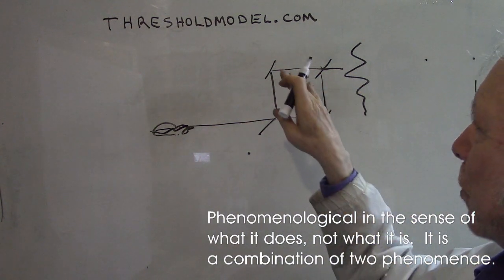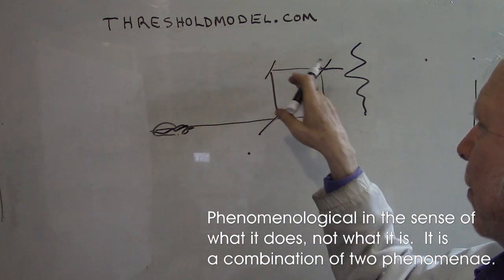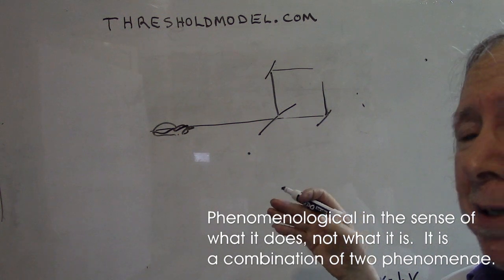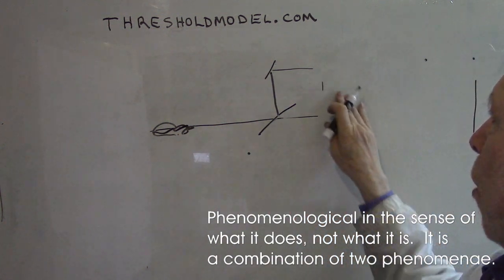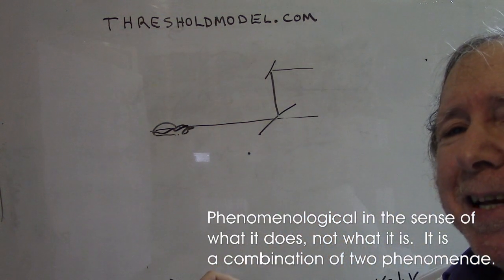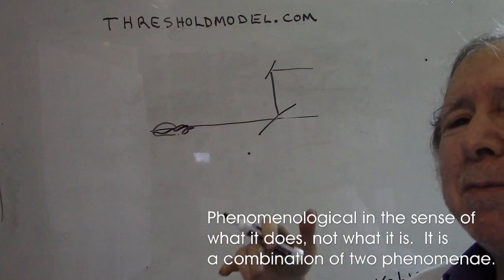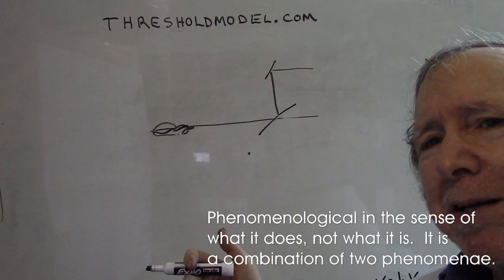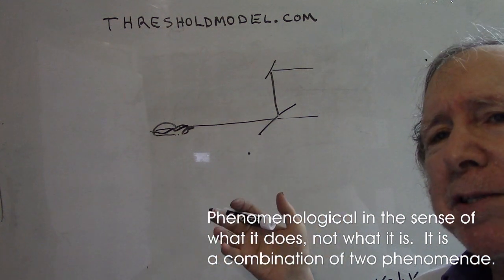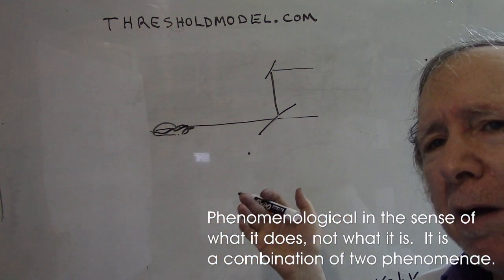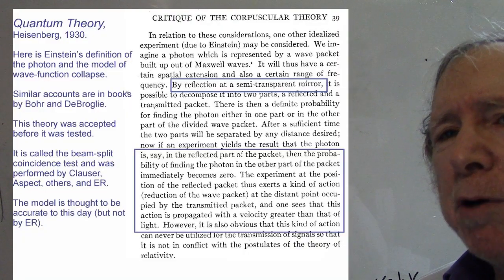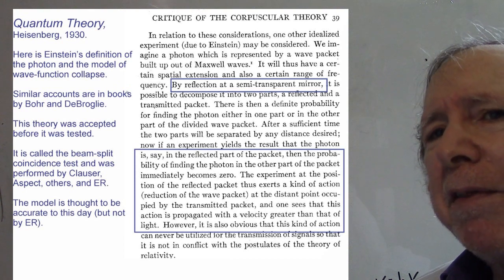But if you look for just a short time, you will see only one way or the other. And there's no way to understand in terms of space and time how that could be. That is what quantum mechanics is about. It's about this phenomenological model of what the photon should be. Heisenberg and de Broglie wrote about it in their books.